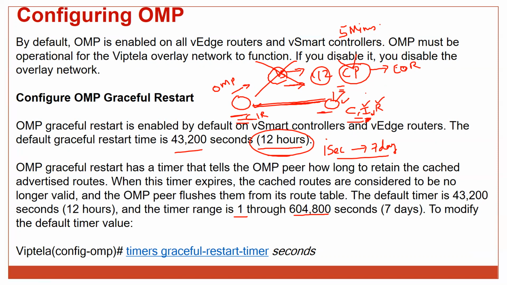I'm sending you end of RIB, which is a marking that whatever routes you have, you should refresh your routing table with my new update. So it will send the update, and all those edge devices will update their routing table as per the information they get from the vSmart.